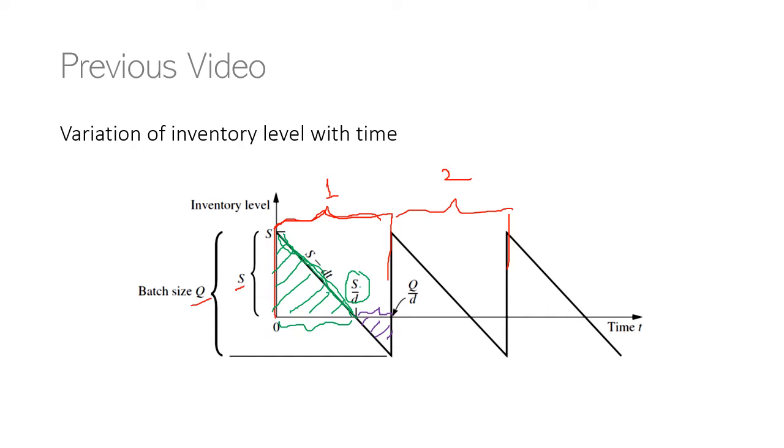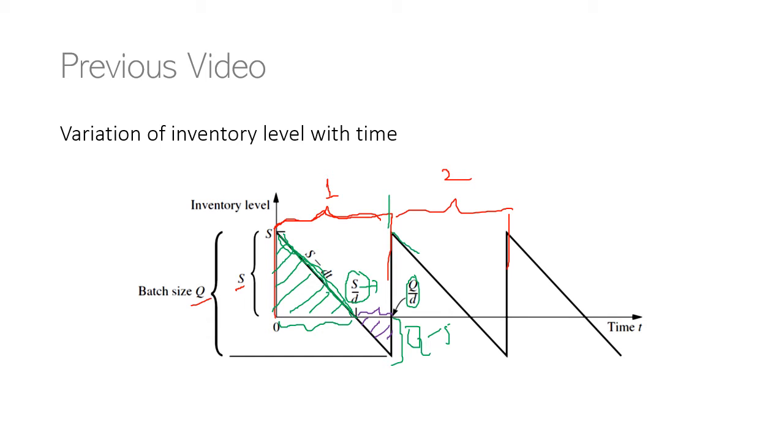Beyond S by D, the shortage of that item begins, which continues up to time Q by D, where the inventory is replenished. This shortage, Q minus S, is the number of short units. Once the replenishment takes place, the back orders are first completed, and then again the inventory starts depleting.